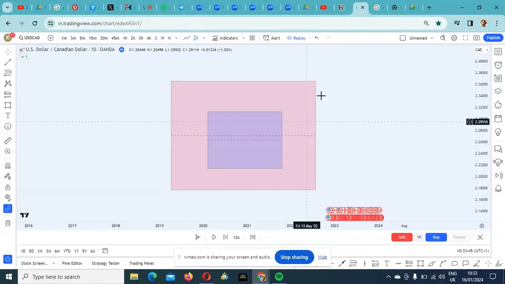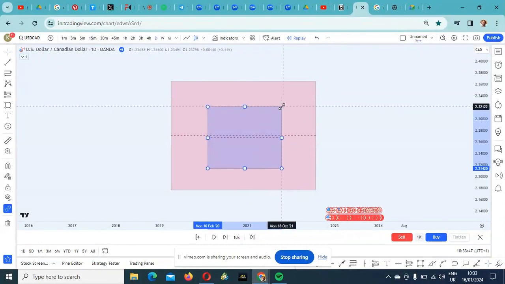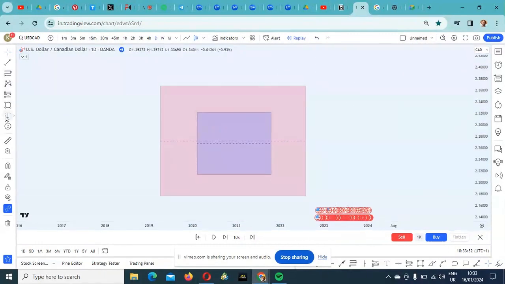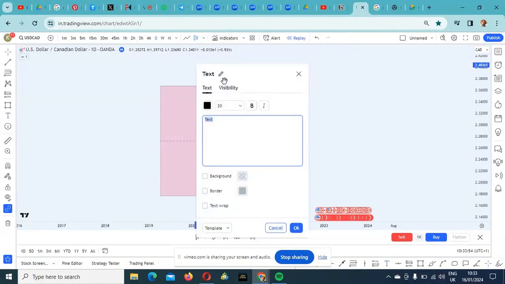All right. So if this is external, this is internal for the weekly, for instance.